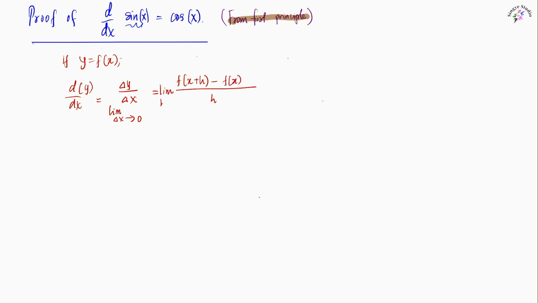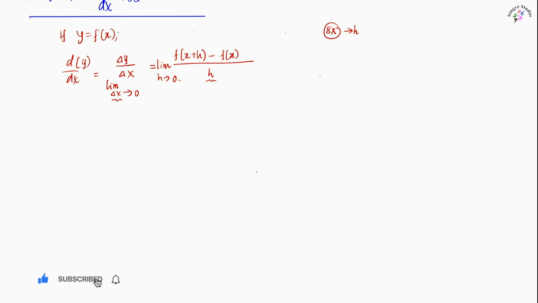And here delta x and h are the same, it just shows the small change in x. We have the function y equals f of x, which is sine of x, and we are going to prove it using this first principle by putting in this formula.